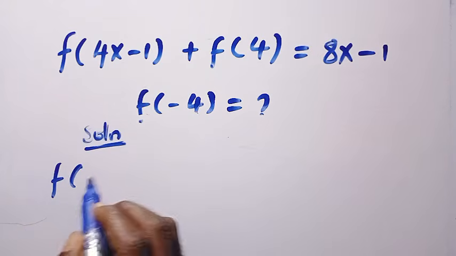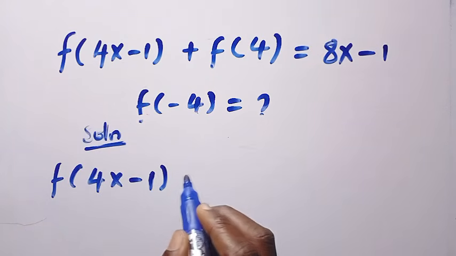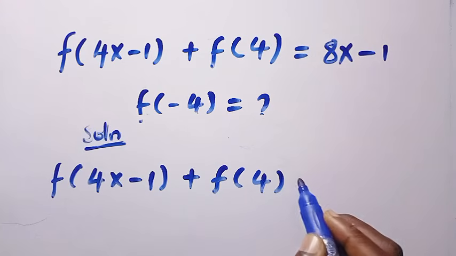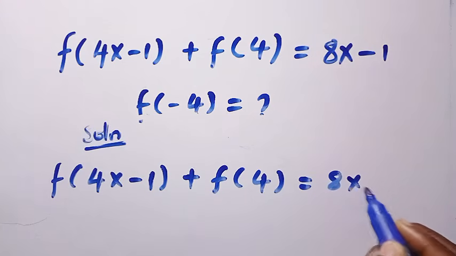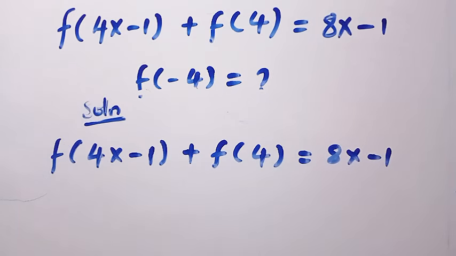From the question, we have f of 4x minus 1 plus f of 4 equals 8x minus 1. So we start applying the substitution method.